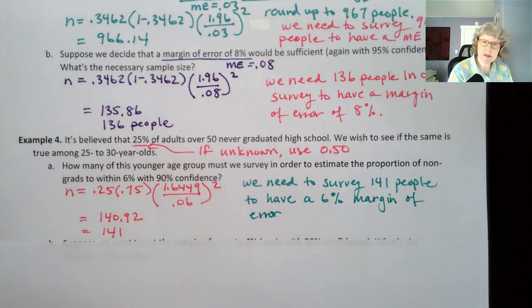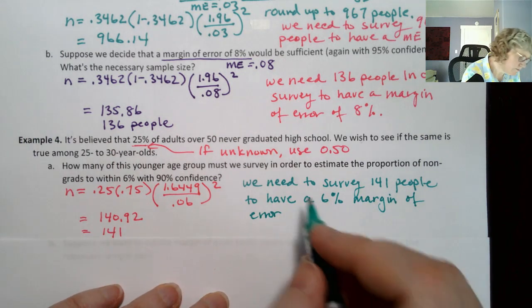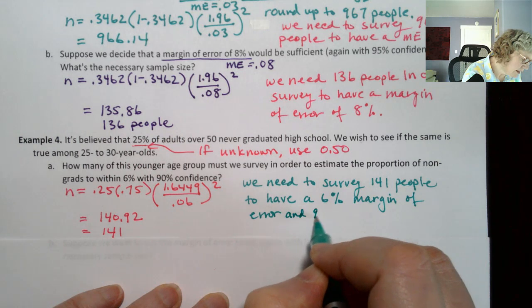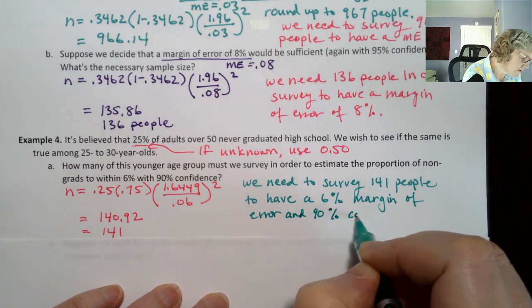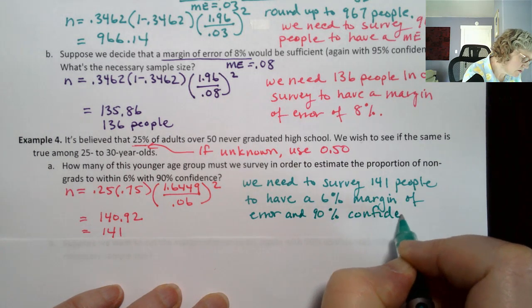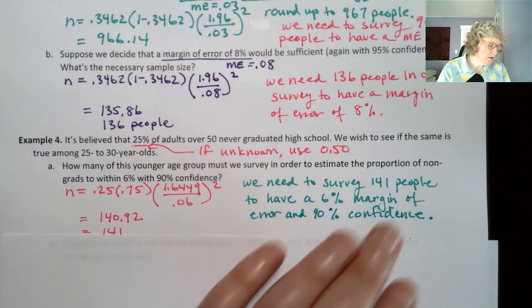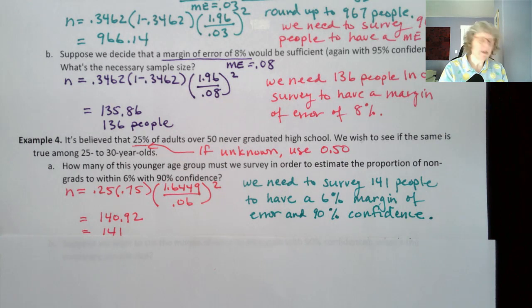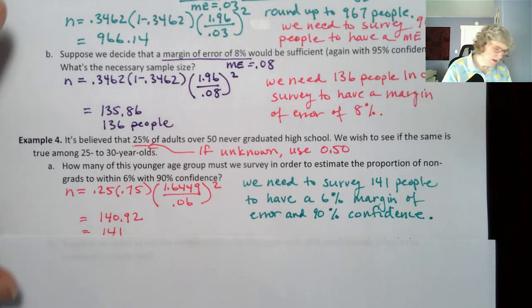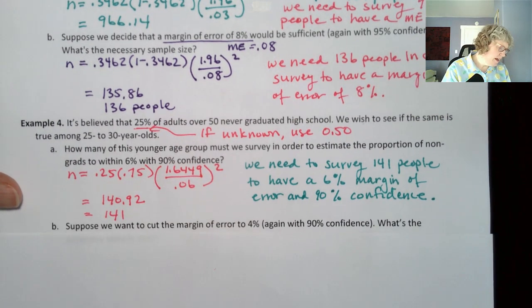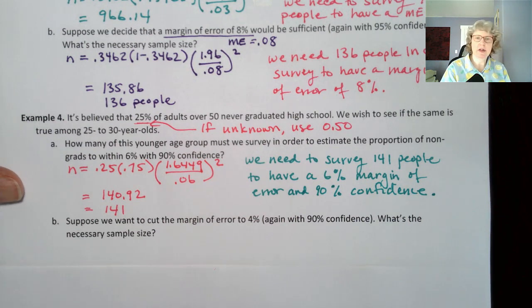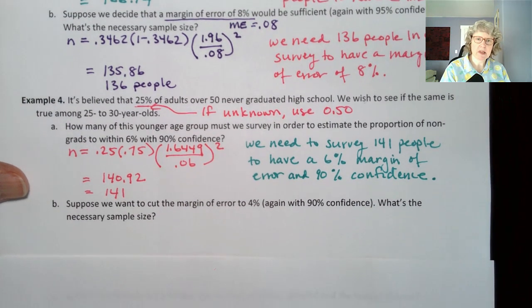I can even add the confidence level if I want, margin of error, and 90% confidence. Okay, we're not confident of the 141, that's, remember, our interval. Our interval at the end would be 90% confidence level.